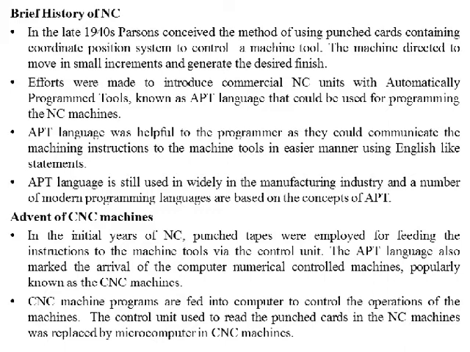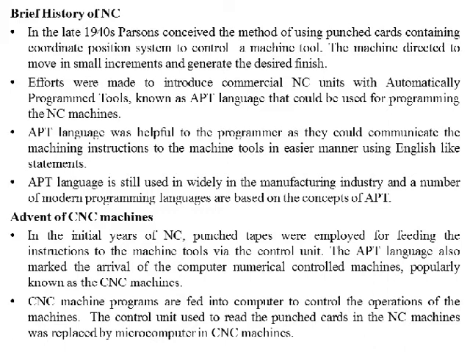In these machines, Parsons made the effort to introduce commercial numerical control units with automatically programmed tools, which is also known as APT language, and he used this APT language for programming the NC machines. Then what is this APT language?